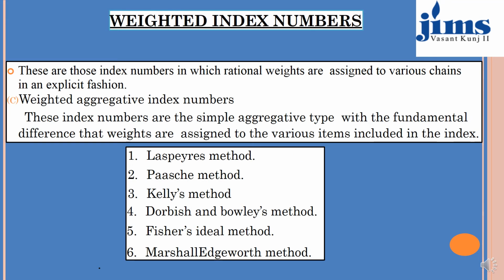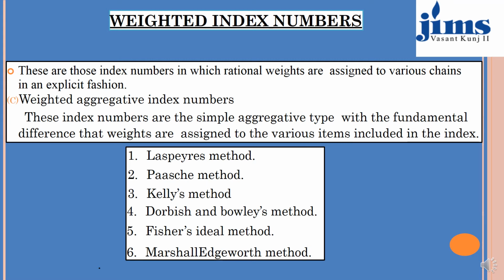That we have discussed. Now we are coming to the weighted index number. It is very important from the examination point of view. Most of the time this type of question is asked in examinations. There are basically six methods: Laspeyres, Paasche, Kelly, Dorbish-Bowley, Fisher, as well as Marshall-Edgeworth. Now what actually is the weighted index number? These are index numbers in which rational weights are assigned to the various items in an explicit fashion.